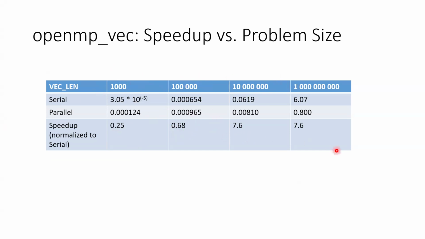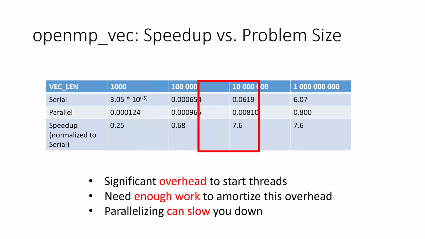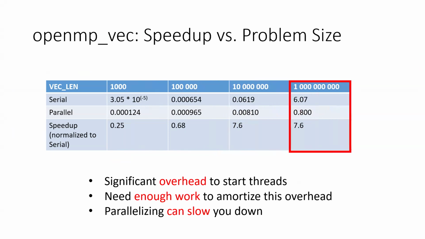Afterwards, we are almost fixed at a 7.6x speed up. The idea is we need enough work to amortize the overhead for making threads. So only parallelize when the problem size is big enough, because parallelization can slow you down.